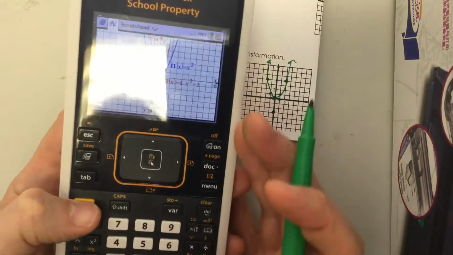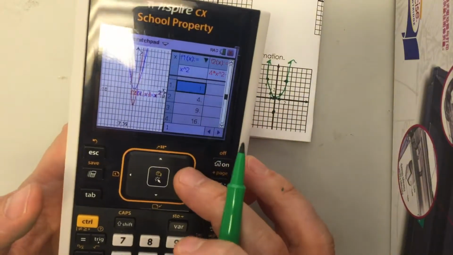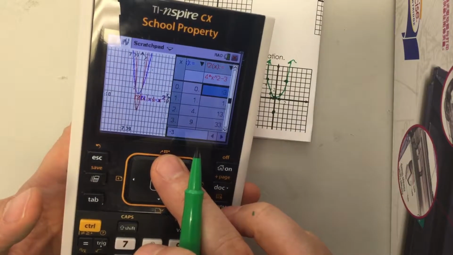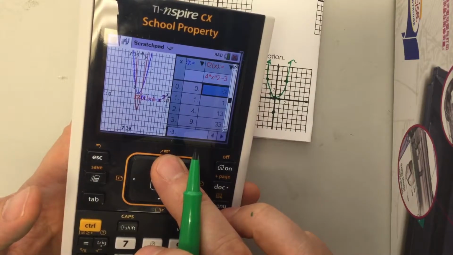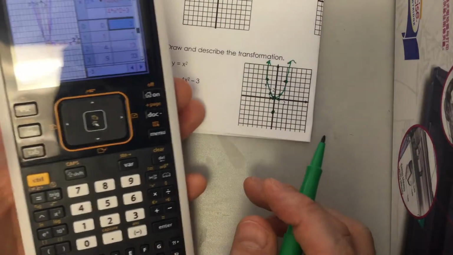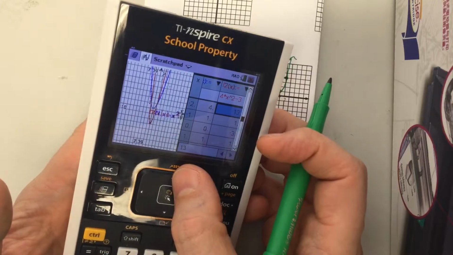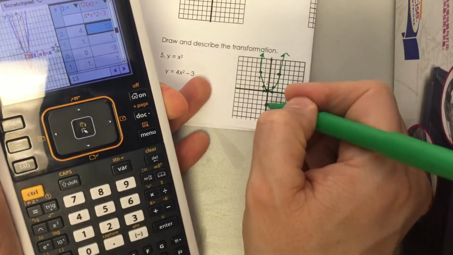And let's find some y values that it goes to. 0, negative 3. We got that one, sorry. And then the next one's not till 13. So it goes way off.